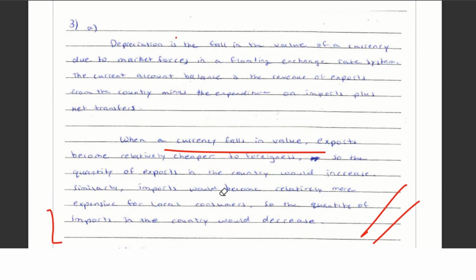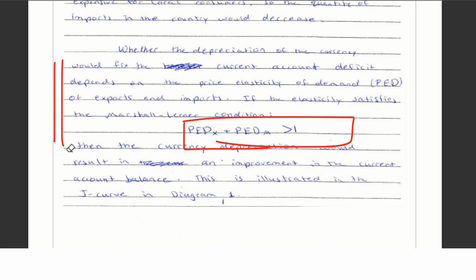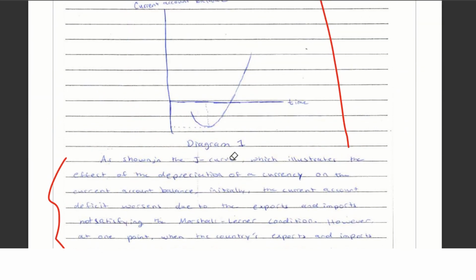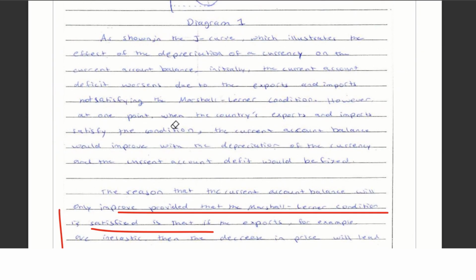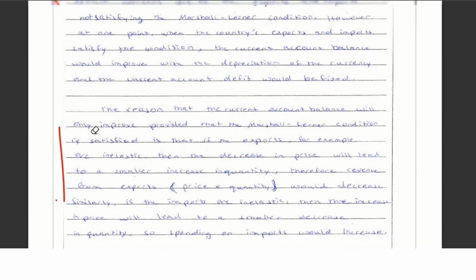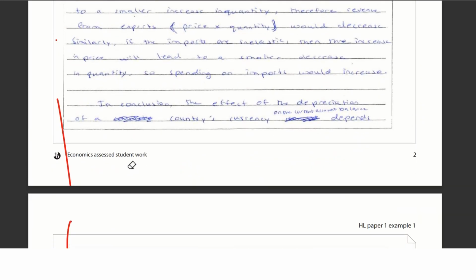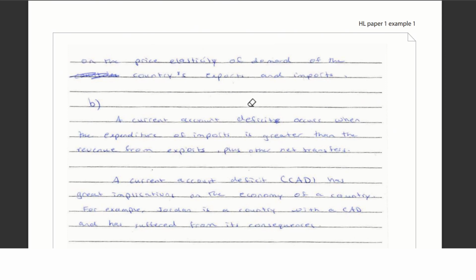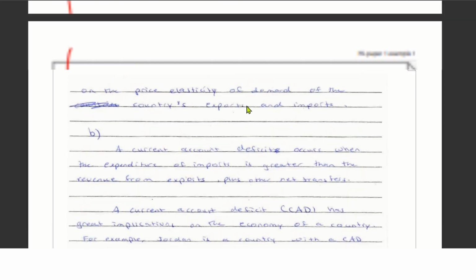See, the candidate opted for question number 3, and in this question's option A part, diagrams are compulsory. If you are not including the diagram, you will not score more marks. So you need to practice drawing correct, correctly labeled and perfect diagrams.